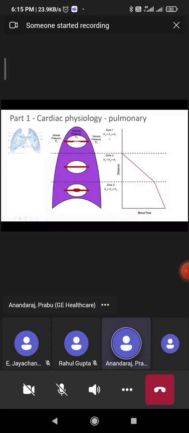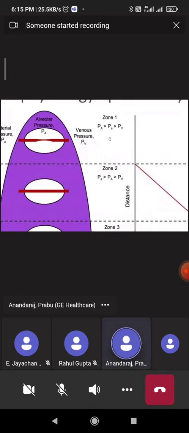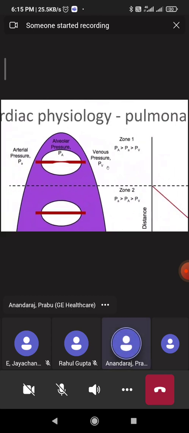I am zooming in. At the top, the blood vessel is coming here. This is the pulmonary artery, the arterial pressure. It has to collect the oxygen from the lung, and then the pulmonary vein will carry the oxygenated blood back to the heart. Now we have got three systems.